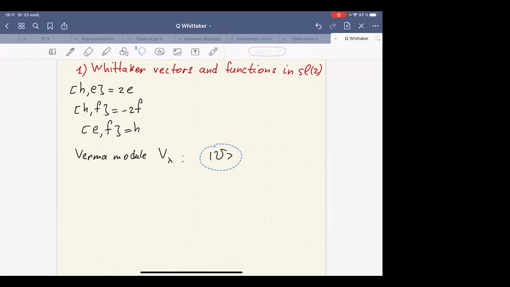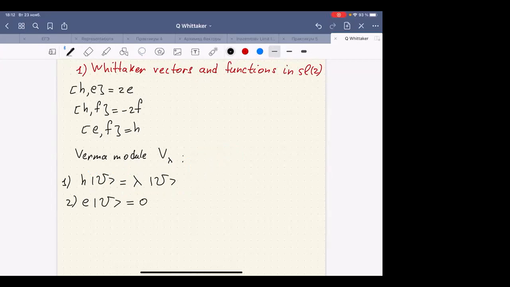The first property is that H acts on this vector by scalar lambda. E annihilates V. And I think that's all.